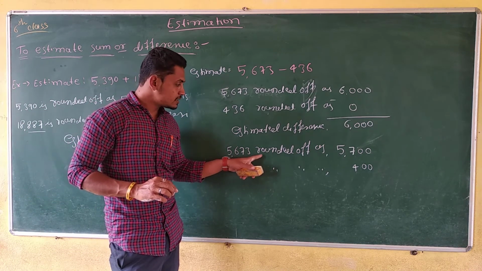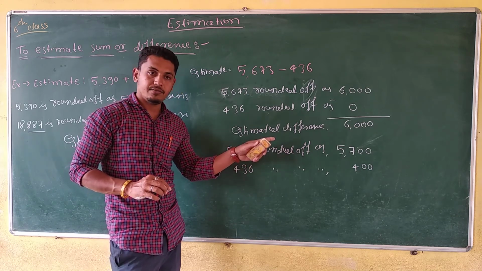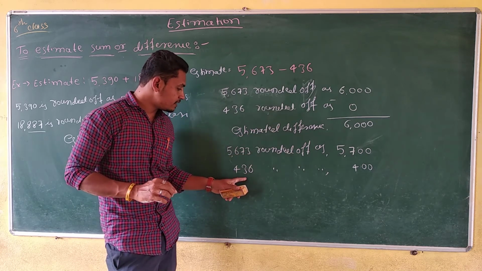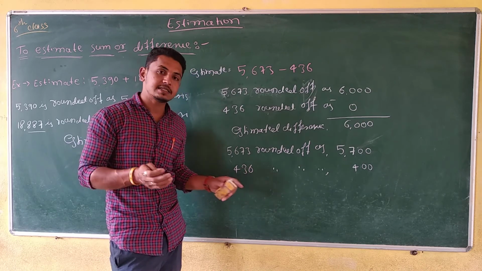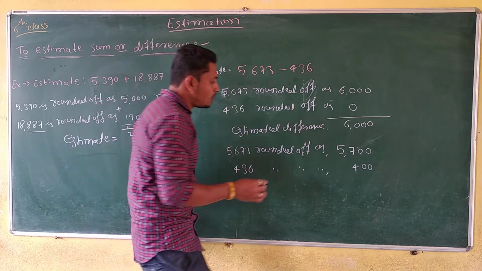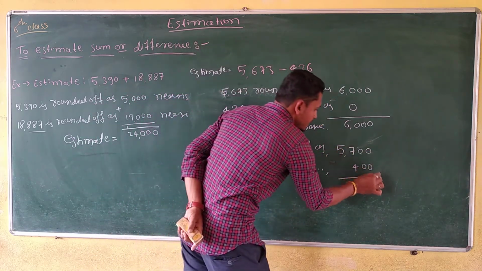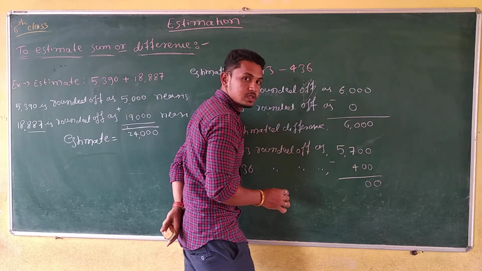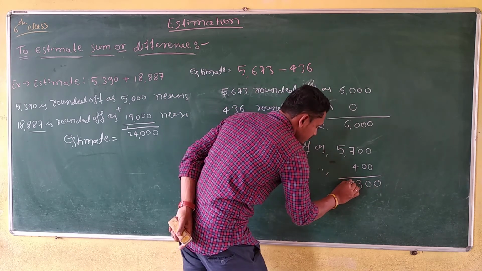673 is rounded up as 700, nearest to 100. Is it right? Next, 436 is rounded up as 400 because 36 is nearer to 0 than to 100. So now we have to find the difference. 0 minus 0, 0, 0 minus 0, 0, then 7 minus 4, 3, and 5 as it is.